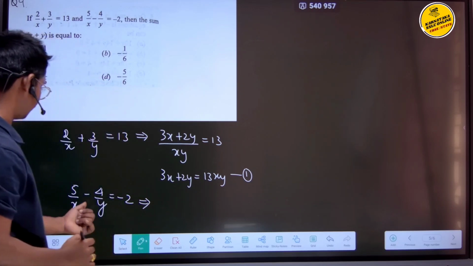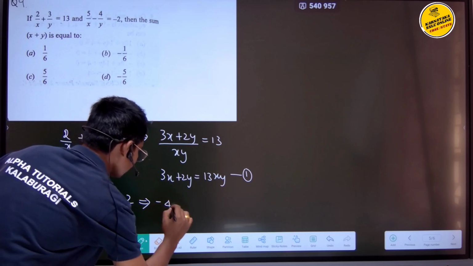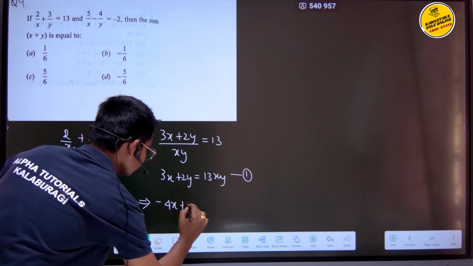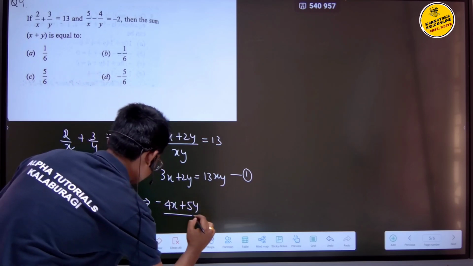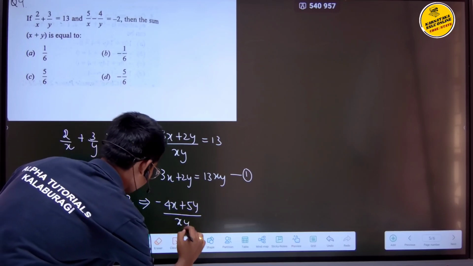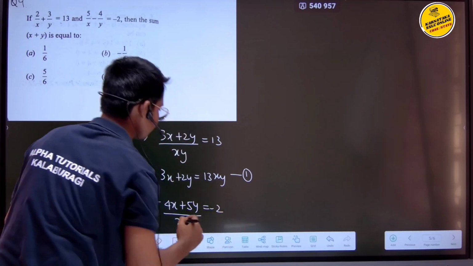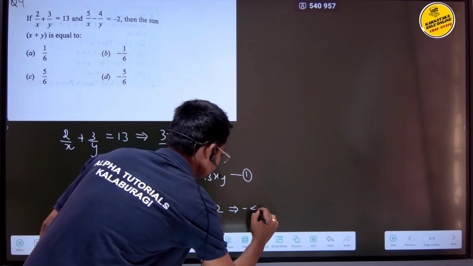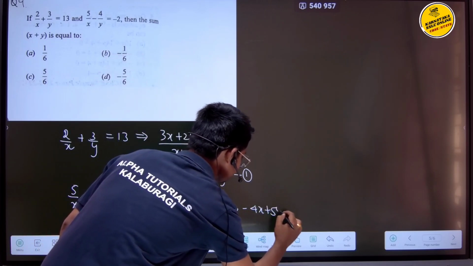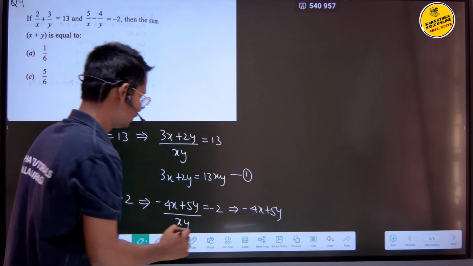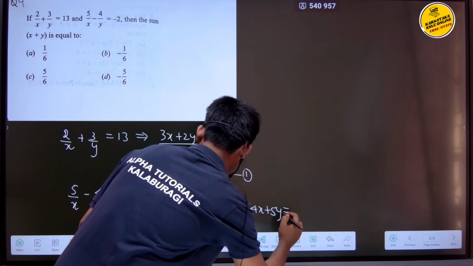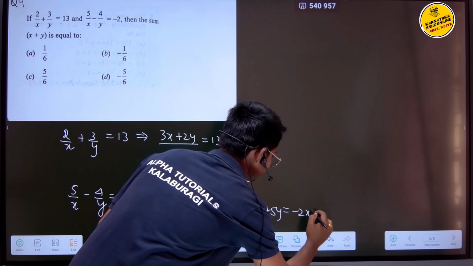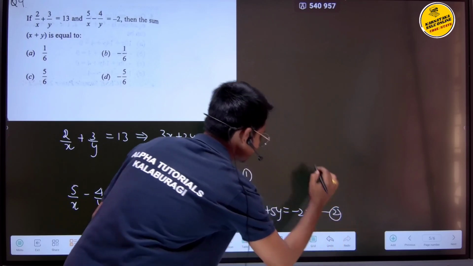If I write the x term first, it is minus 4x plus 5y divided by x into y equals minus 2. Further, if I cross multiply, I'll get minus 4x plus 5y equals minus 2xy. Call it equation 2.